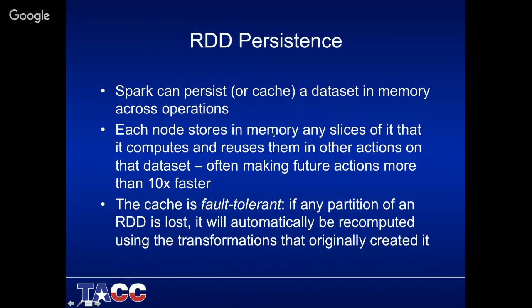If you use the data set many times and keep the data set cached in memory, you can actually get 10 times faster than Hadoop. So that's one benefit if you want to use the data set many times, or use the intermediate results many times.